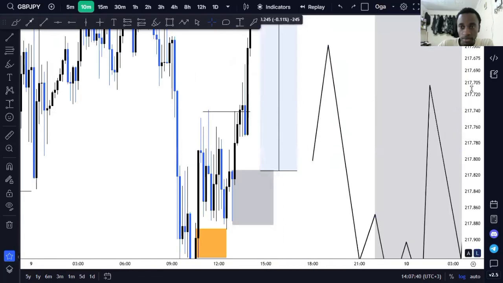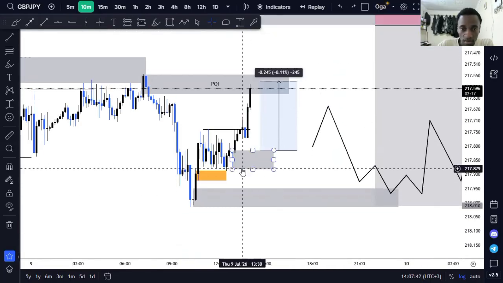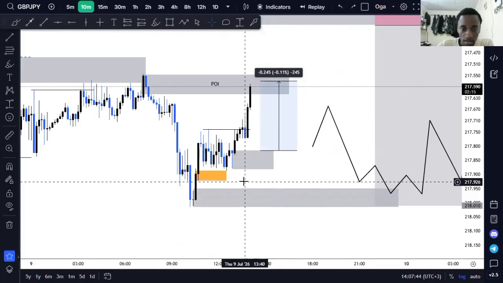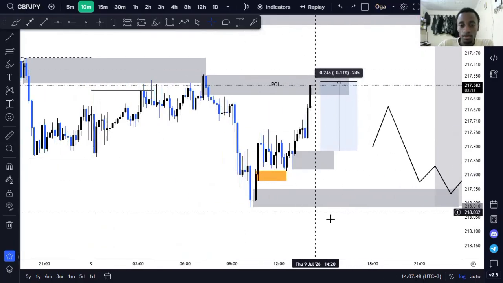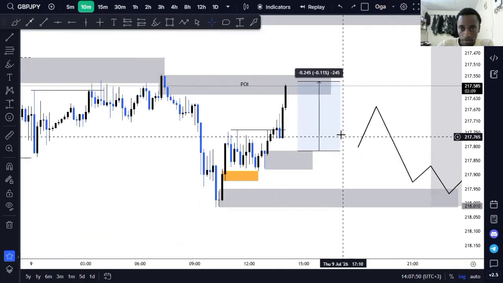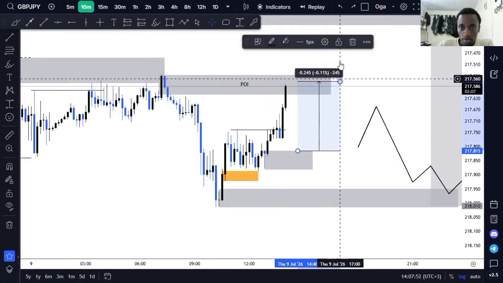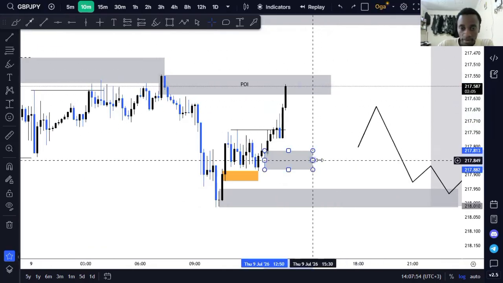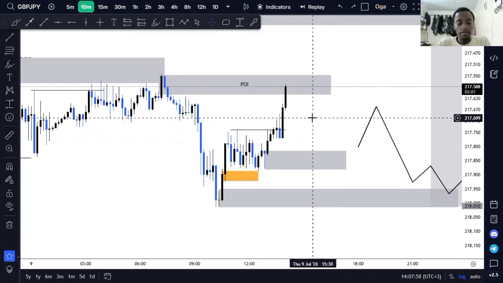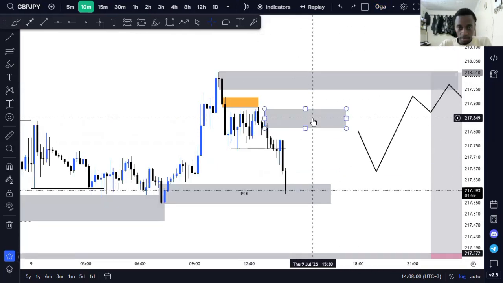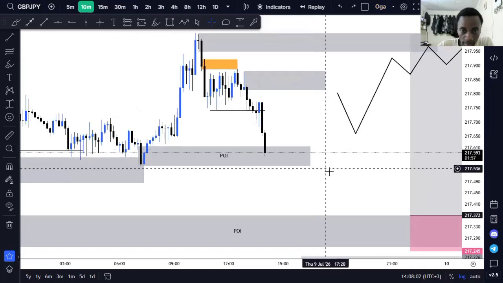But it can even take out this low and react here or here, so that it can continue the move. So this is also a possible area to take the, let me invert the chart back to here like this.